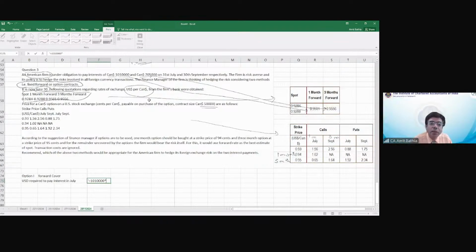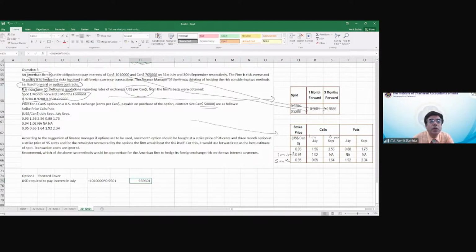Remember, this is USD upon Canadian dollars, right? So when you are going up the ladder, it is multiply. Am I right? 0.9501. So that comes to 959,601.